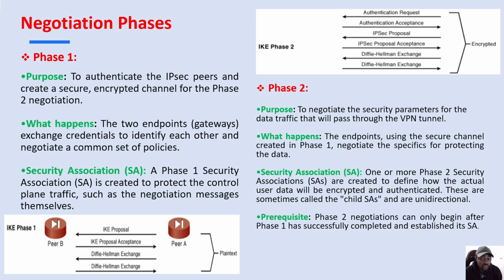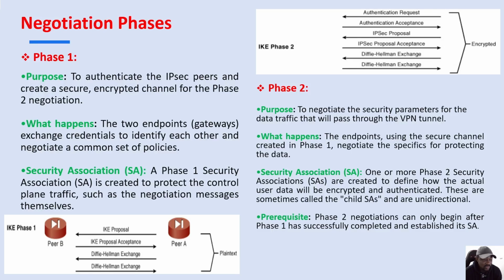This is done through what we call phase two selectors. Here you can create one, two, or more phase two selectors. The selectors, or the security associations, are created to define how the actual user data will be encrypted and authenticated.